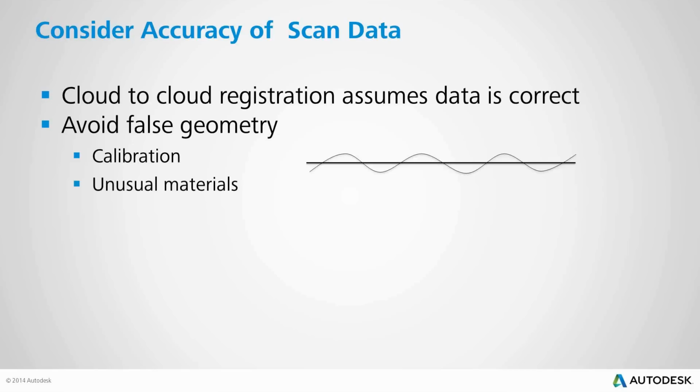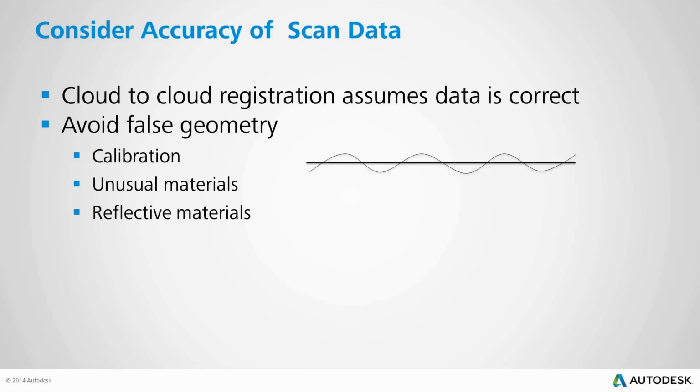Unusual materials can cause a bias for the sensor, for the laser scanner. Black objects tend to give a little bit different return, especially like that black tarp that we were looking at in the previous example. So keep an eye out for unusual materials. Reflective materials can sometimes be a problem.